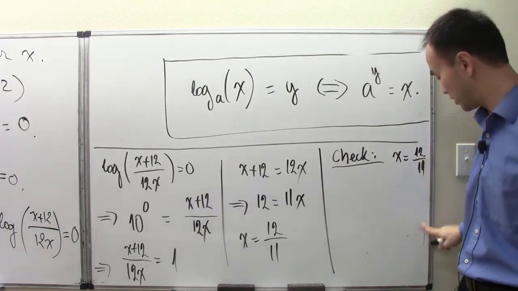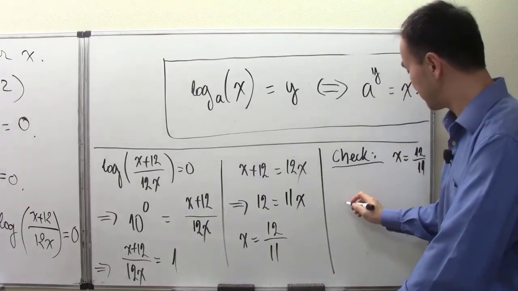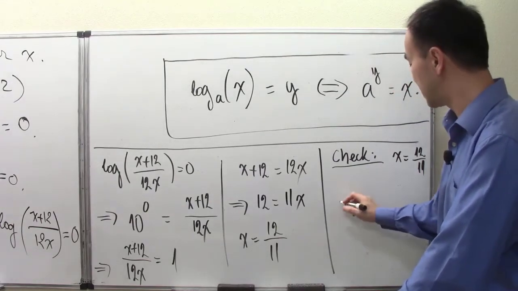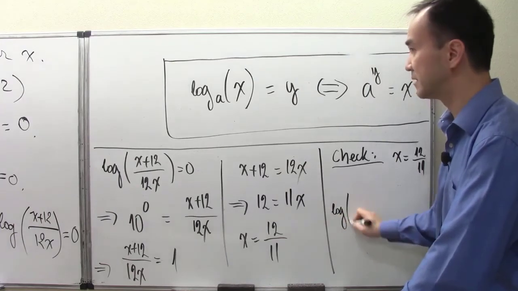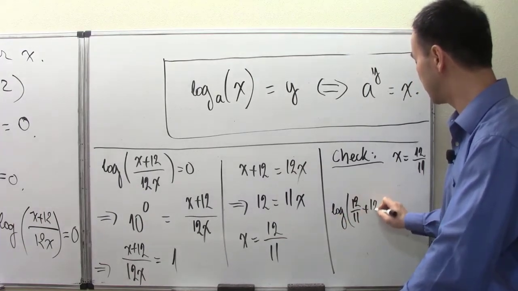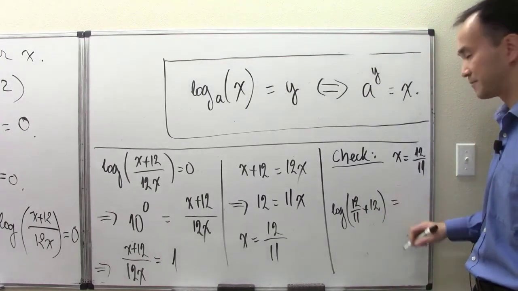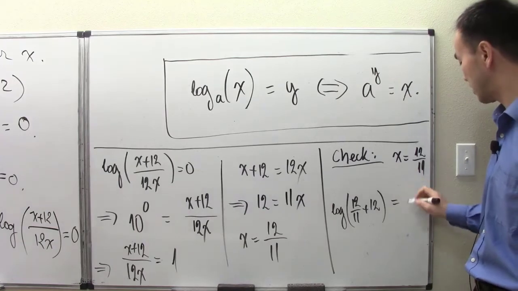With 12/11, this is what I'm going to do right here. My left-hand side is log of (12/11 + 12). I want to make sure it equals, so that's why I'm putting a question mark here.